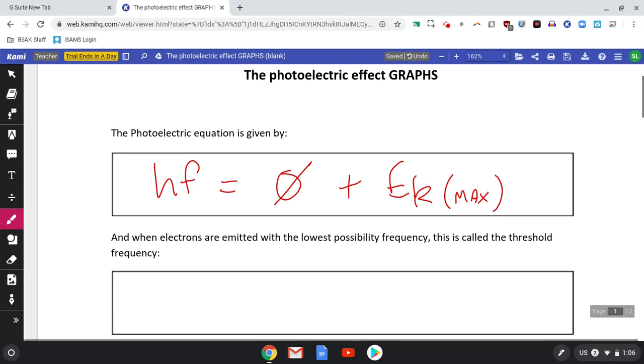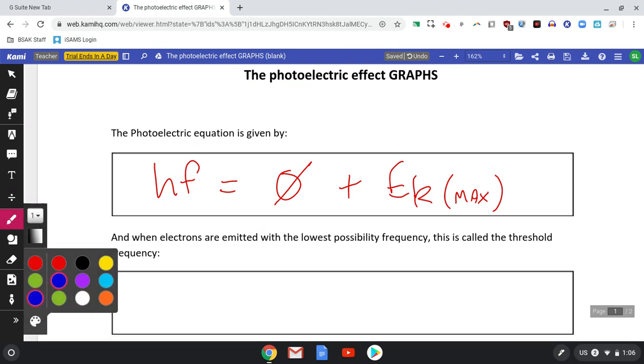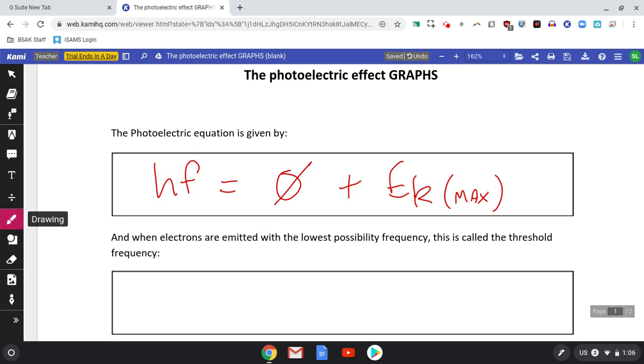Now, if we have electrons emitted with the lowest possible frequency, so if we take this frequency down to the lowest possible value, then electrons are going to be emitted with zero kinetic energy, aren't they?